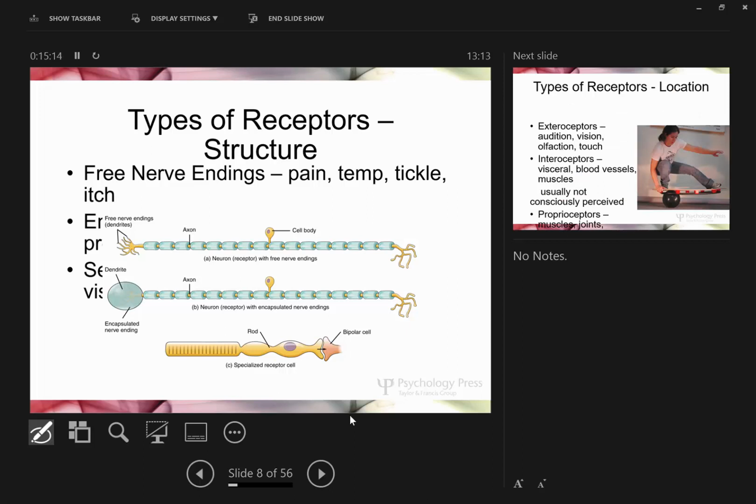Not entirely sure what happened with the picture here, but we'll get that corrected. This is just an example of different sensory receptors, right, based on structure. So there are ways you can classify these receptors, and one way you can do it is based on the structure of the receptor. This has a free nerve ending.